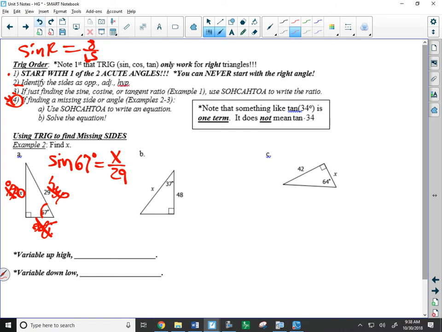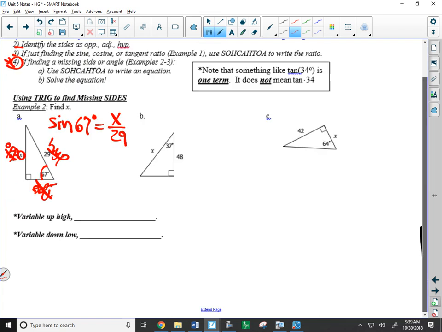There will be 3 methods to solve, 3 different types of equations, and I put them with an asterisk here. Now this one is the simple one. You might already know, right? You just take the 29 from the denominator to solve for x, so you're going to multiply both sides by 29.